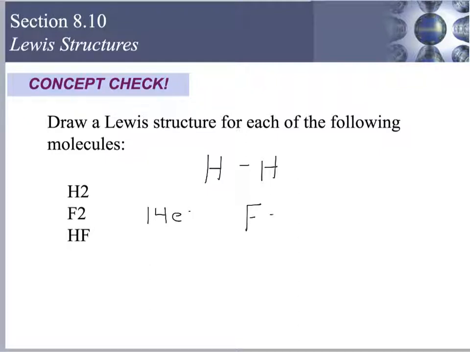And if we have a bond like that, and then we add in the remaining electrons, so each fluorine atom gets 8, and we have used the total number of electrons, so 2, 4, 6, 8, 10, 12, 14 electrons. For HF, we're going to have 8 electrons, so HF is just going to look like this. So we've used 2, and then we put the additional electrons around like so.